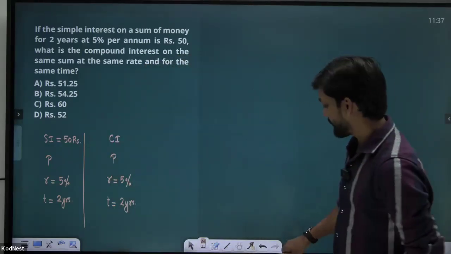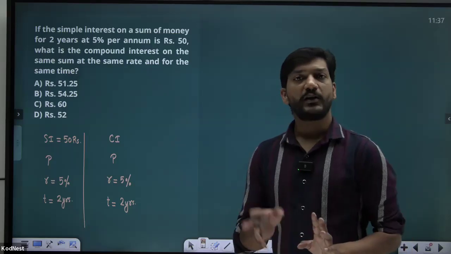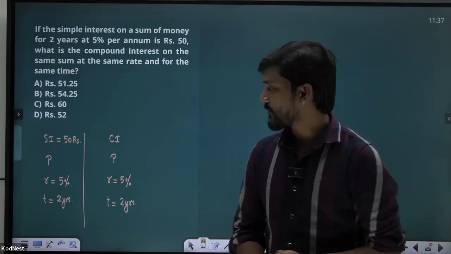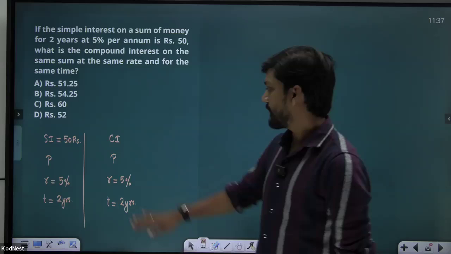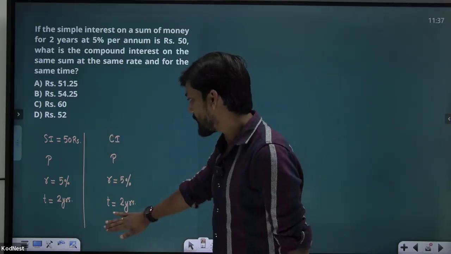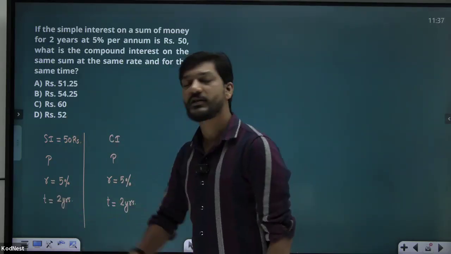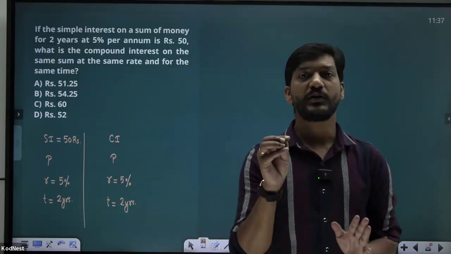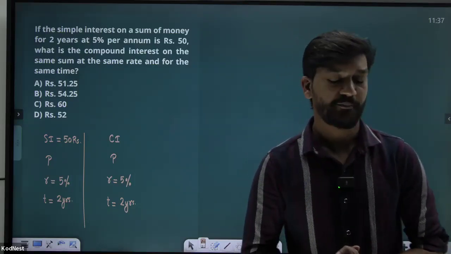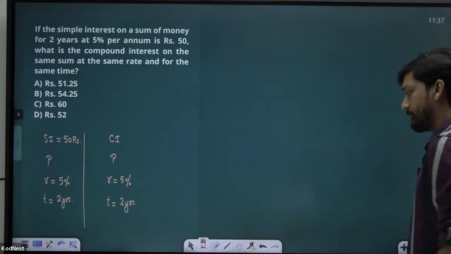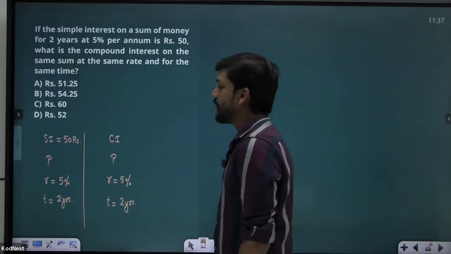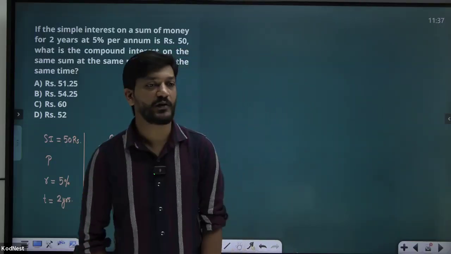All right. There are three ways I can explain this. First, leave aside compound interest, apply the simple interest formula and tell me how much principal you will get. Calculate please.